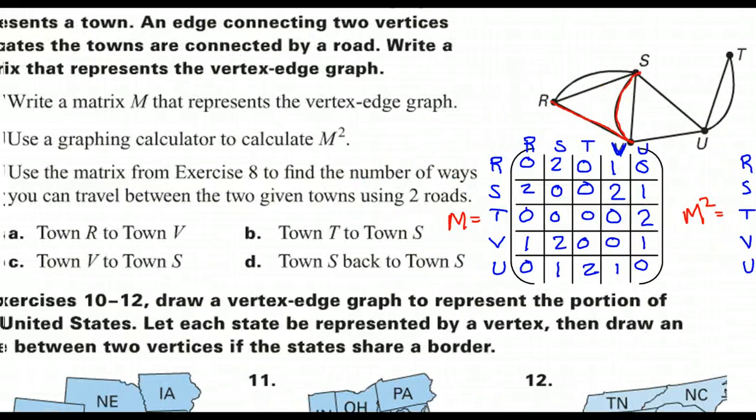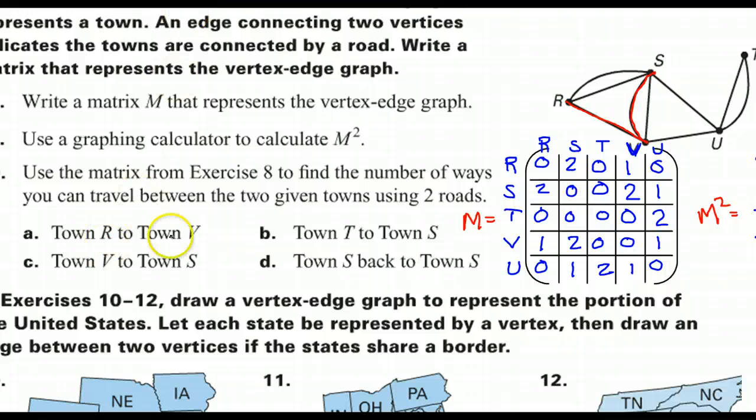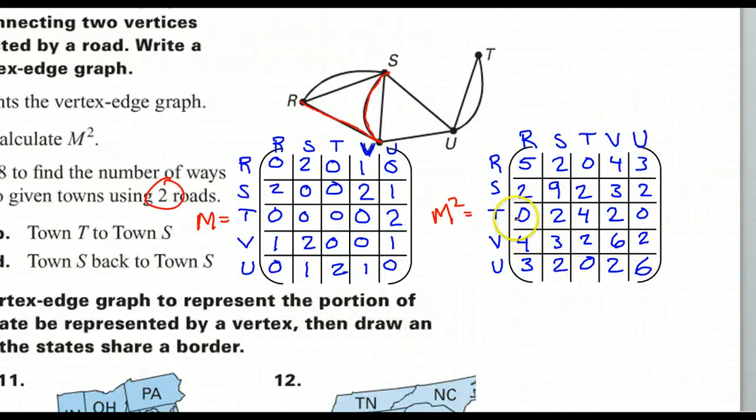That means there are 4 ways to go from town R to town V using two roads because we squared it. All right, what about T to S? From T to S, that would be right here, T and S. There are 2 ways to do that.